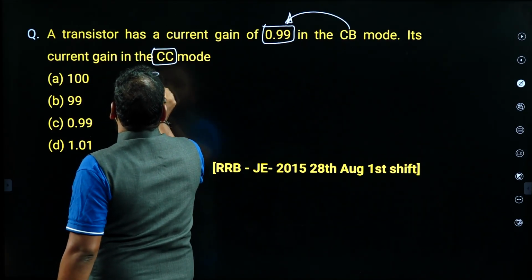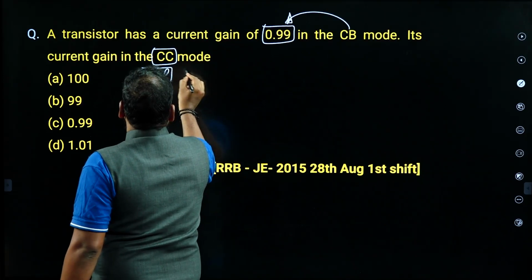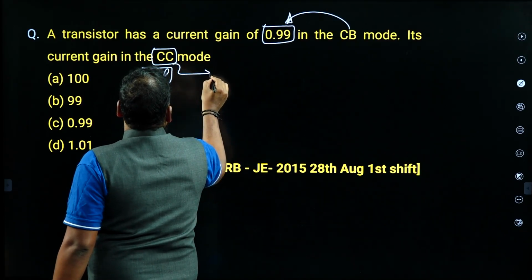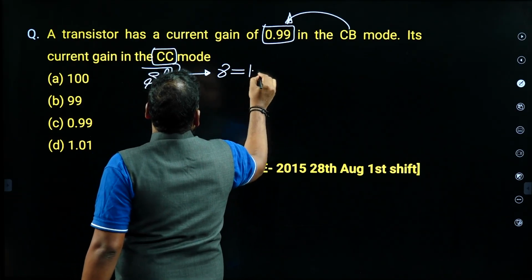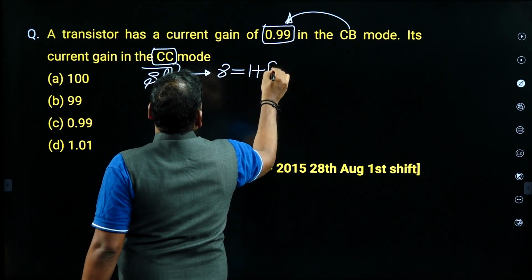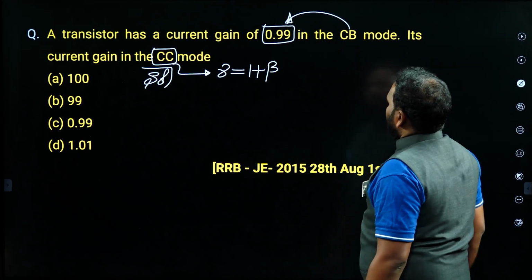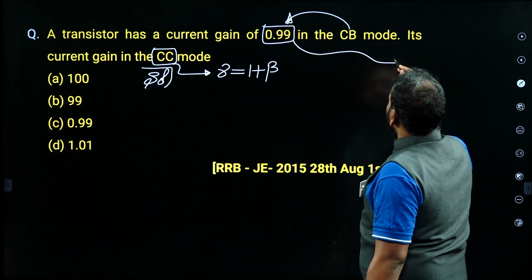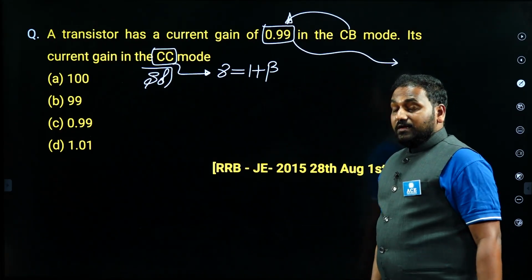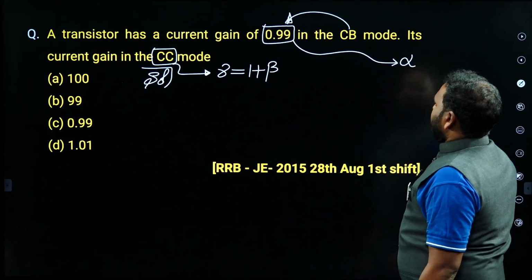What an interesting question, but a silly and simple one. In common collector, what is the current gain? Gamma. What is gamma? Generally 1 plus beta, a very well known equation. He has given the current gain in common base, which is alpha.